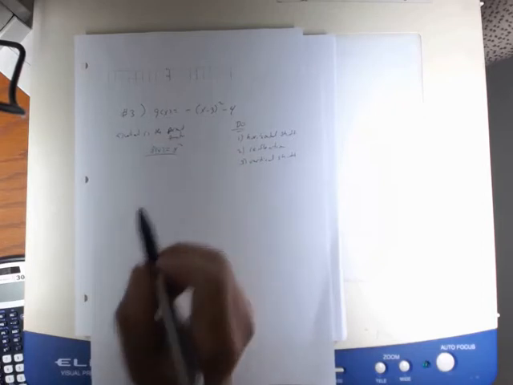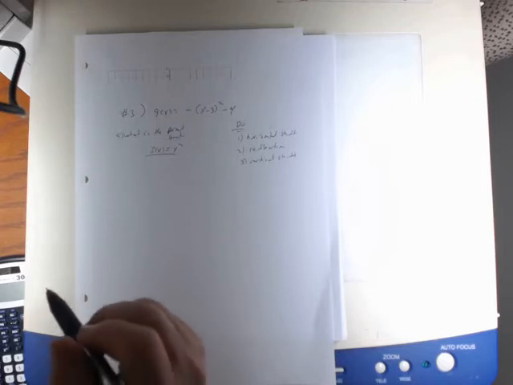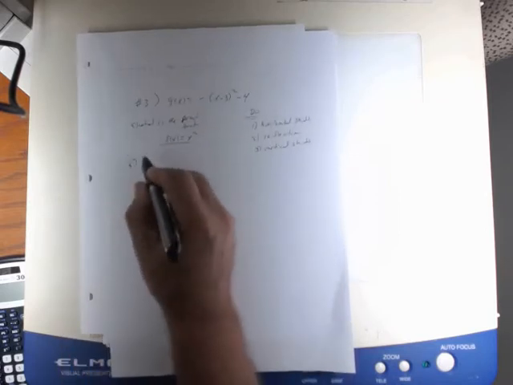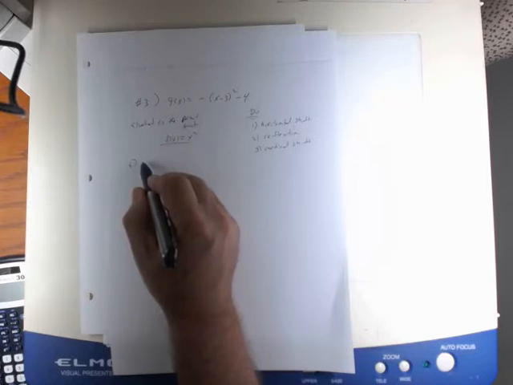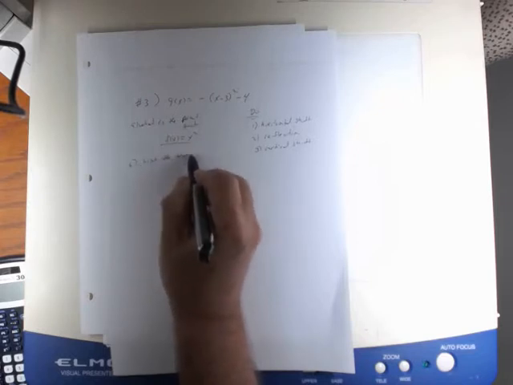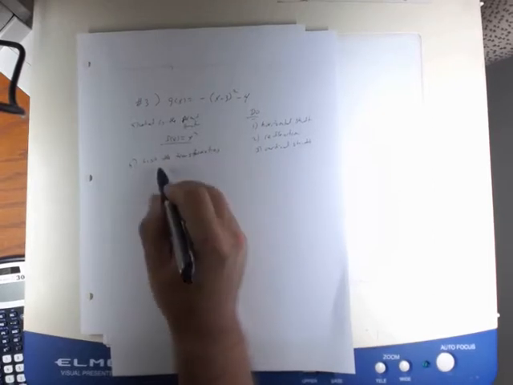Because I think it says, what is the parent function f of x, correct? You got to look at that worksheet that you picked up. So you got to say f of x equal x squared. So then the second thing said, list the transformations.